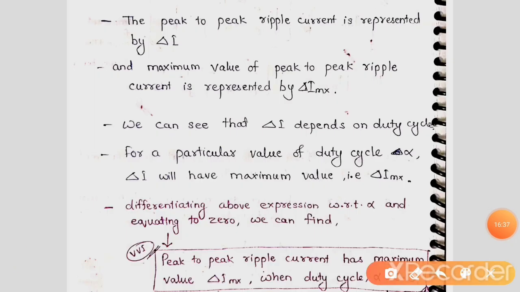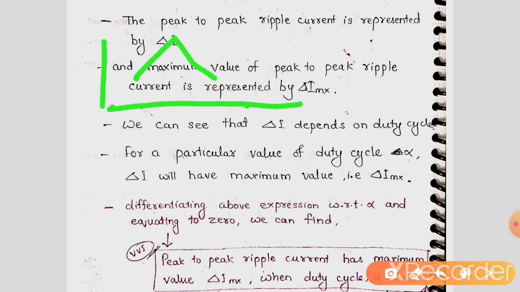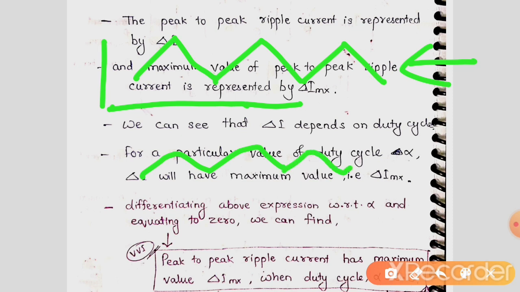Now we know that there is a ripple current in the output obtained from DC chopper. This ripple current can have different magnitude. Suppose we are having a certain amount of ripple current, then this ripple current can be decreased by using certain design modifications or by changing the alpha value.